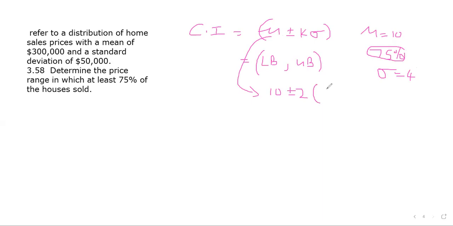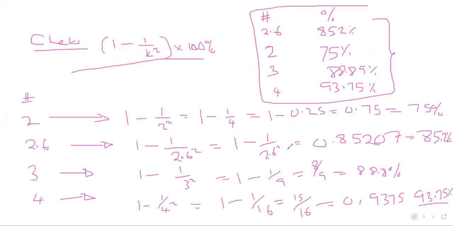Then our standard deviation has been given as 4 already. So this will give us 10 plus minus 8. Then to get the lower bound, we subtract, 10 minus 8 is 2. 10 plus 8 is 18. So this is the confidence interval that we are using. So remember, we need to master this table. The 2 is coming from the percentage we're given, 75%.